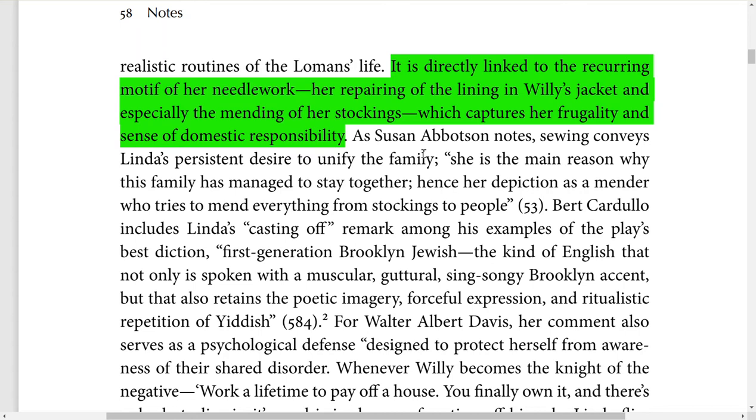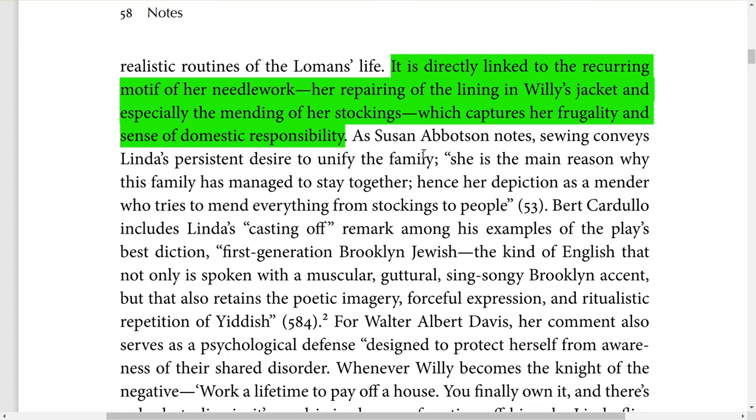Okay, now look at this sentence here: "As Susan Appleton notes, Swing conveys Linda's persistent desire to unify the family. She is the main reason why this family has managed to stay together, hence her depiction as a member who tries to mend everything from stocking to people."